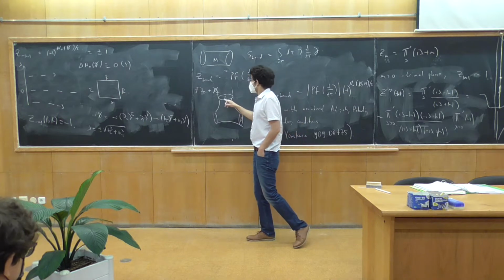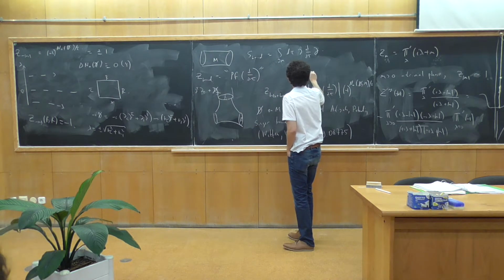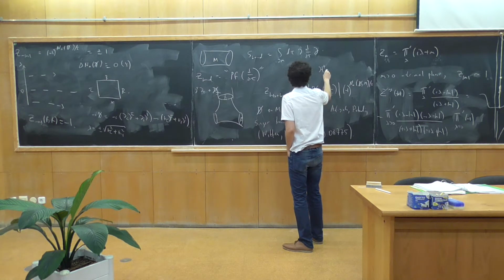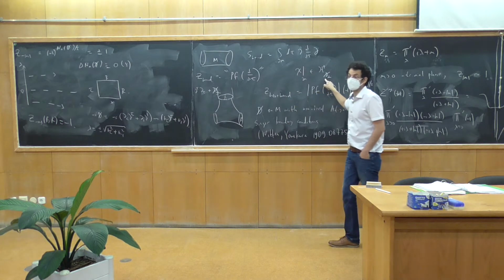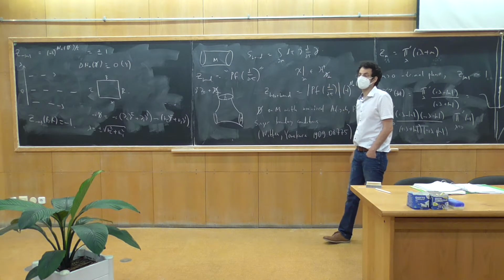The χ restricted to the boundary has to belong to H plus of D-slash boundary, where this H plus is the Hilbert space of positive eigenvalue modes of D boundary.